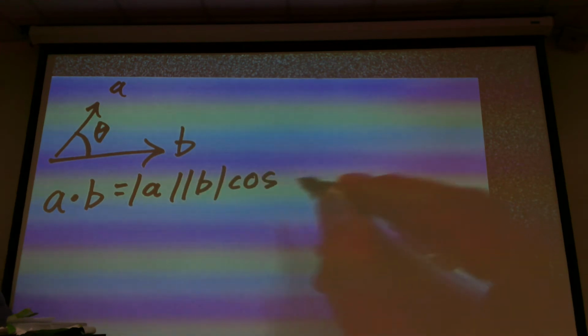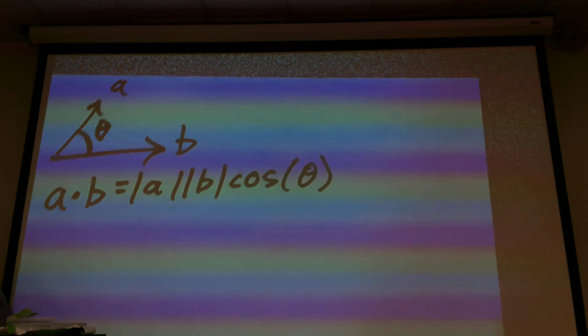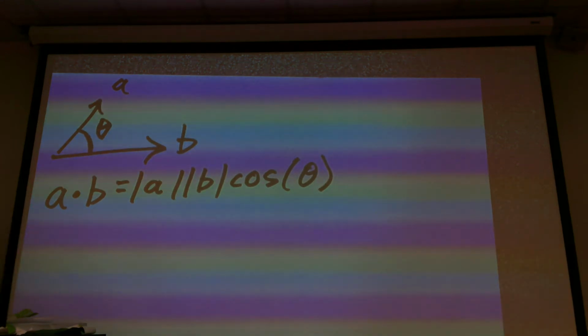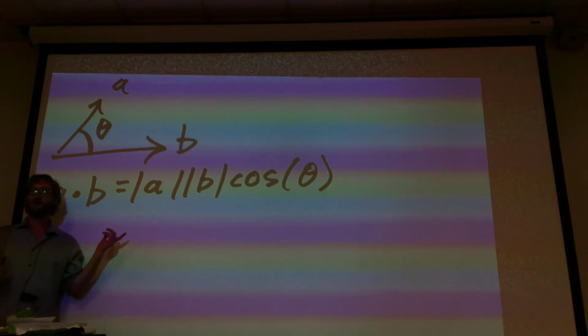Well, A dot B is going to equal the magnitude of A times the magnitude of B times cosine of theta. So the dot product is a way for us to actually calculate the angle between two vectors.